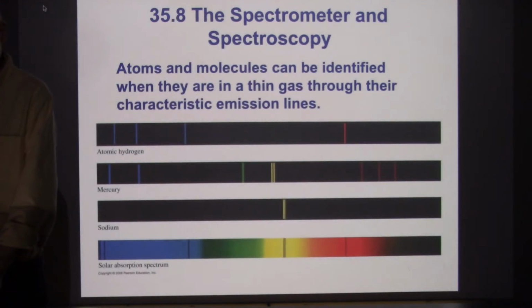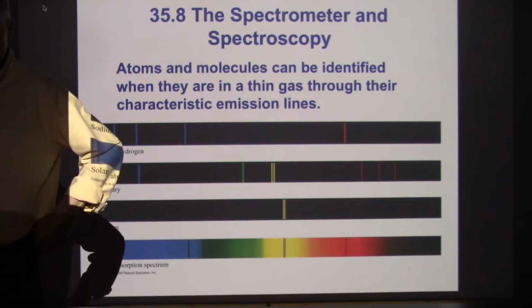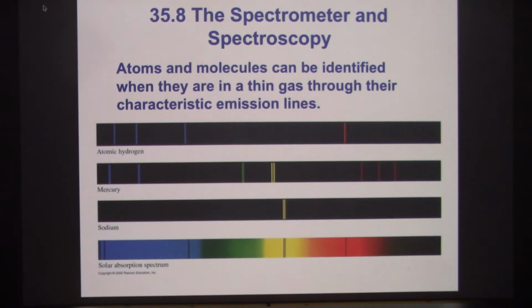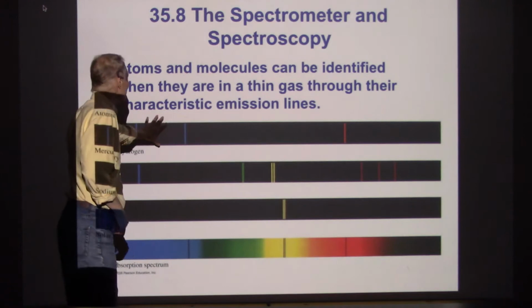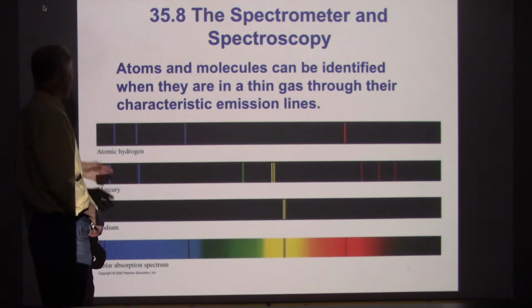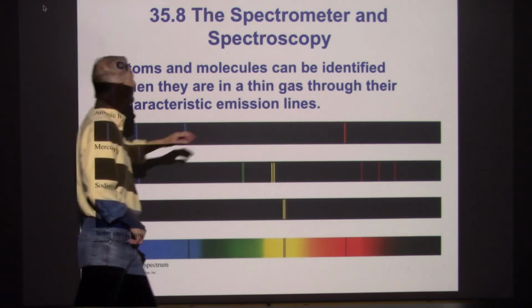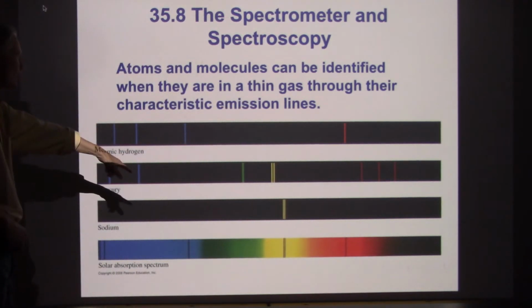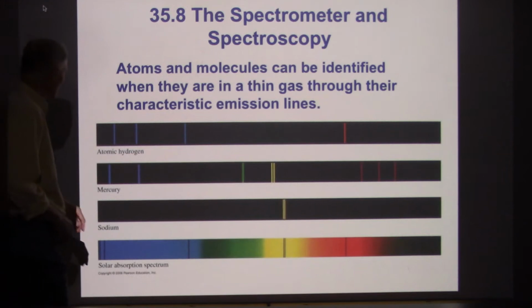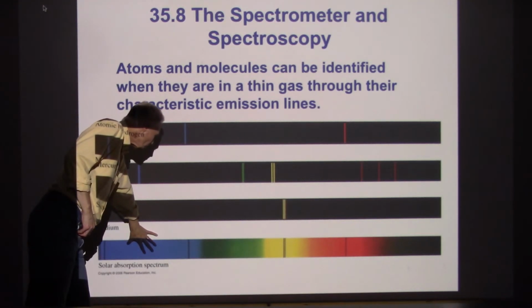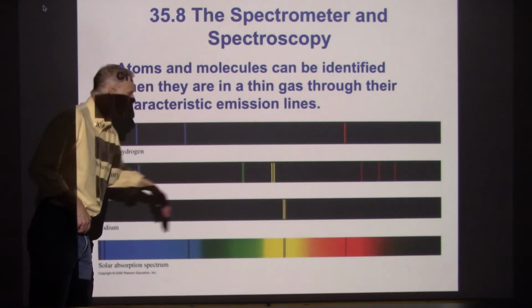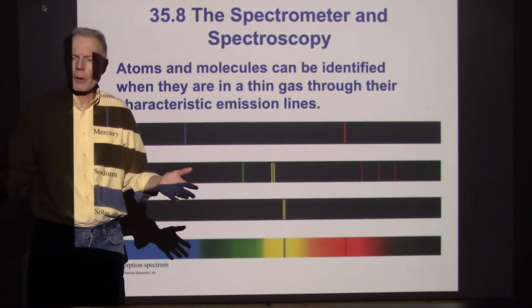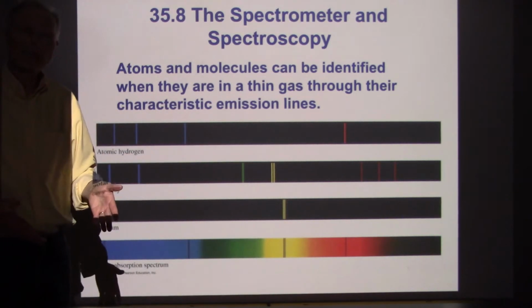And this is what I was talking about. So these are spectral lines. What happens is we can take light coming from a star, for example, or from a thin gas. So the star spectra are absorption. The light coming from the sun looks like the whole spectrum, except that there are some lines that are missing.